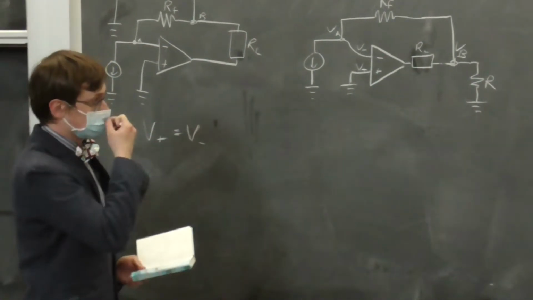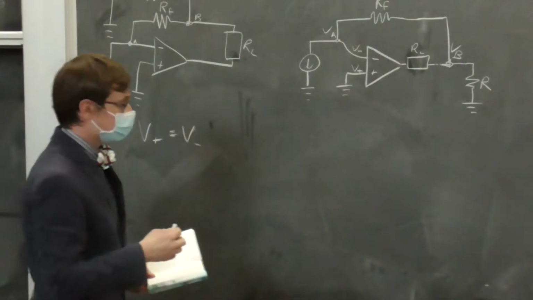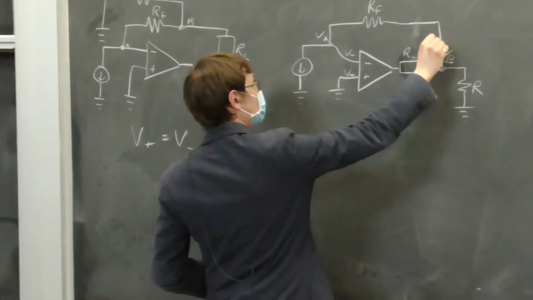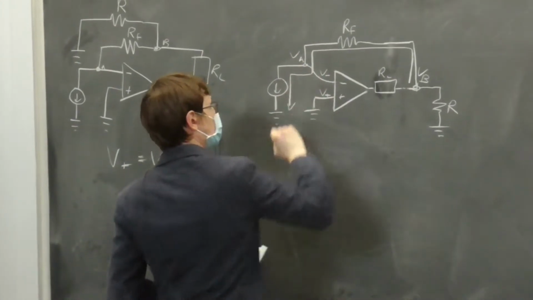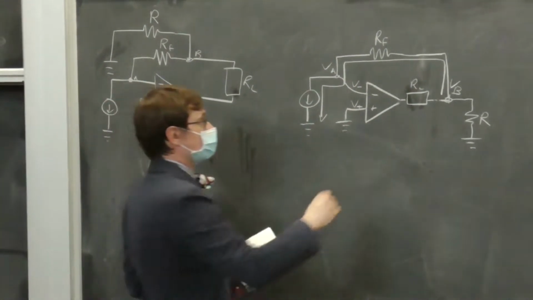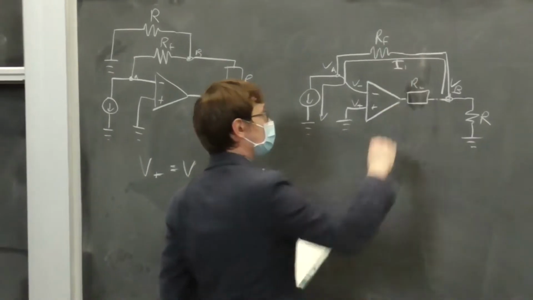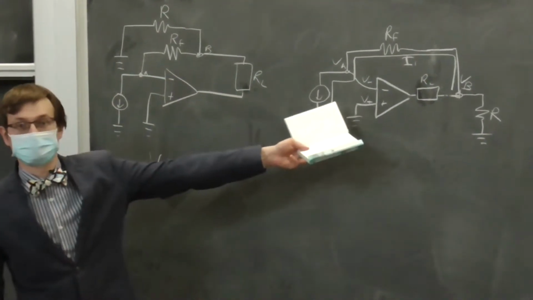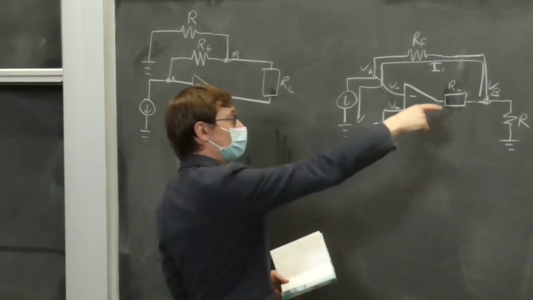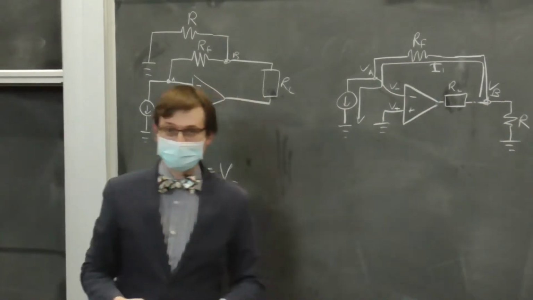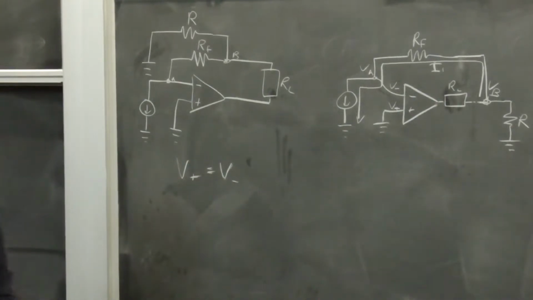Second one, of course, is going to be that there's no current flowing into either of these leads. So, what does that say about the current traveling along this branch of the circuit? We'll call this I1. None of it flows this way. So this is one current. What do we have along that branch of the circuit?